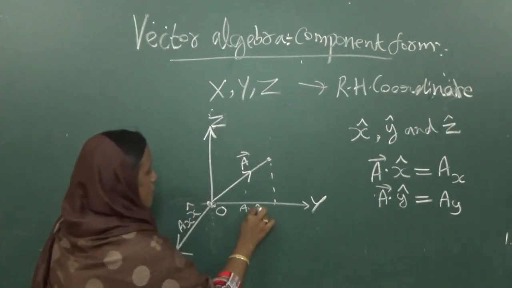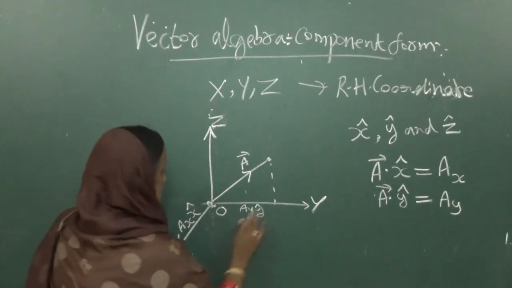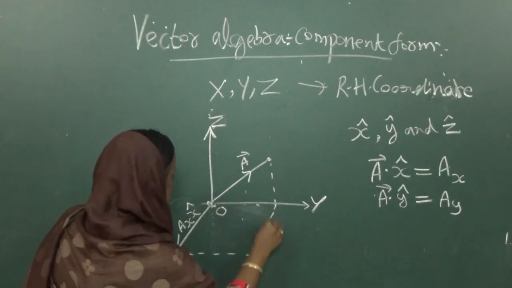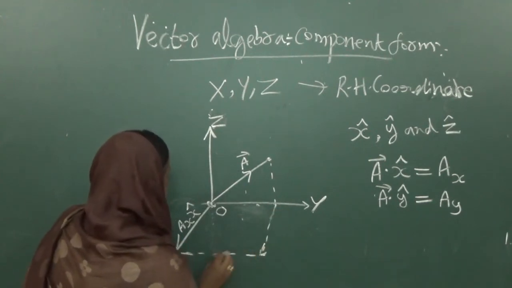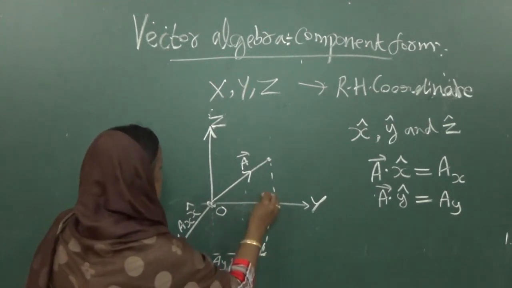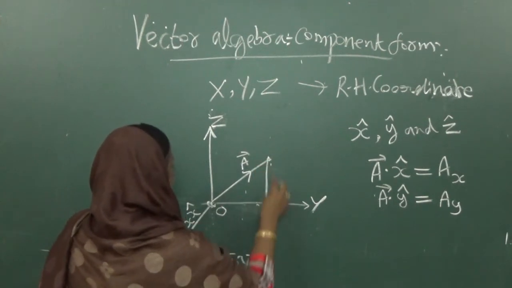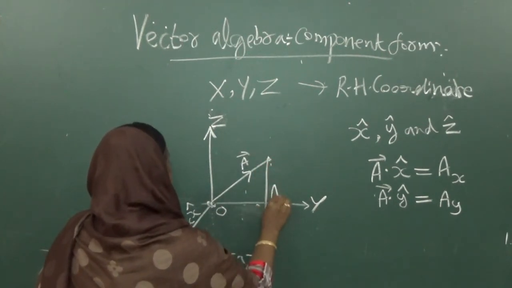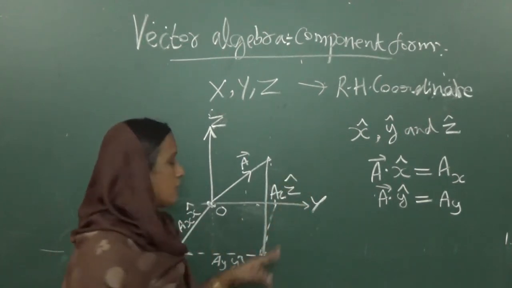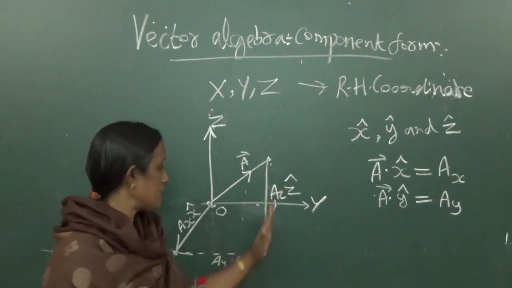We can write this Ay y cap here like this. And this perpendicular distance represents Az z cap.